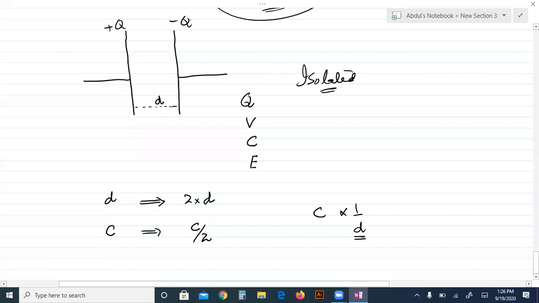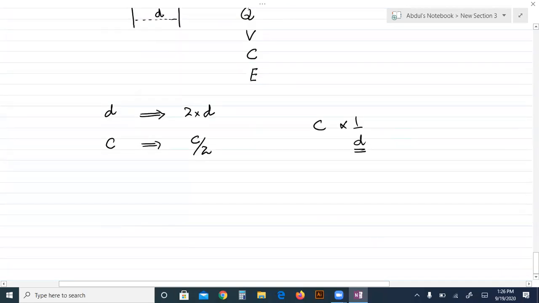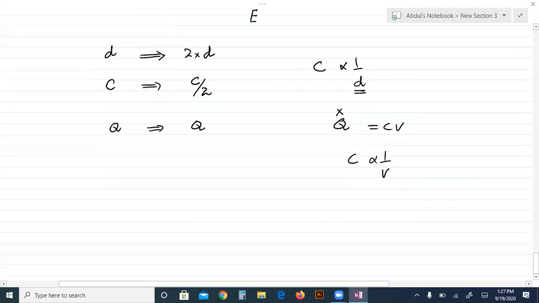Charge on both plates will remain same because it is disconnected from the circuit. But formula is Q is equal to CV. When charge is constant, then C and V both are inversely proportional. Mean when C becomes half, then the voltage on the capacitor becomes double.